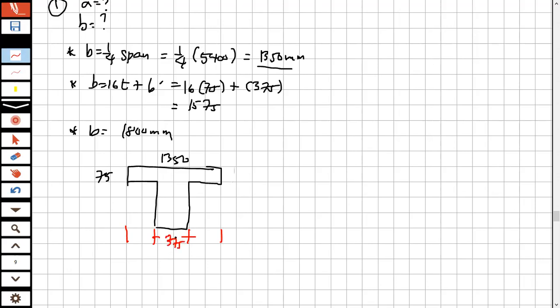This one is 375. If this is 375, then 1,350 minus 375, divided by 2, will give you 487.5. Please check. This one is 487.5, and this one is also 487.5. So we have here our reinforcement.